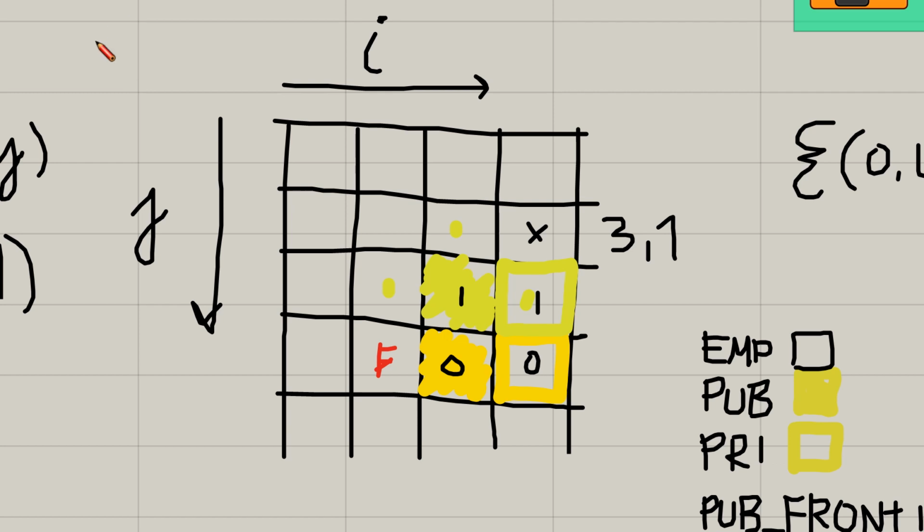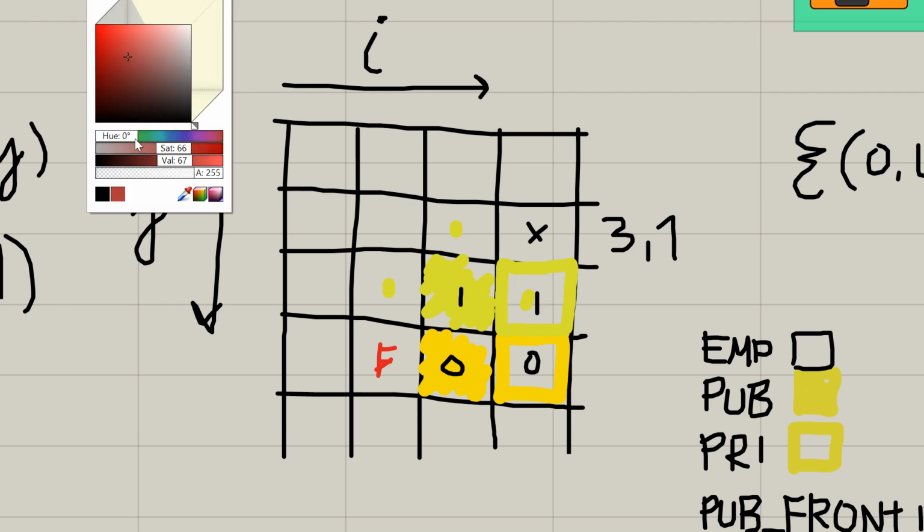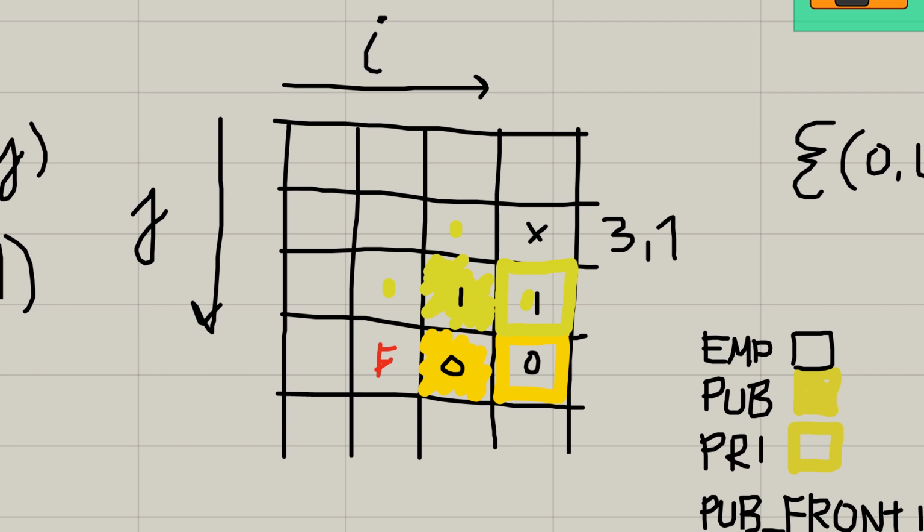Now I'm going to do another update here. And let's decide that this next one is going to happen here, and my private space could potentially be here, here, or here. So I'm going to say that I chose it to be here, right?